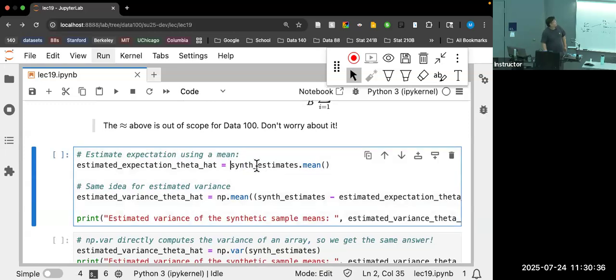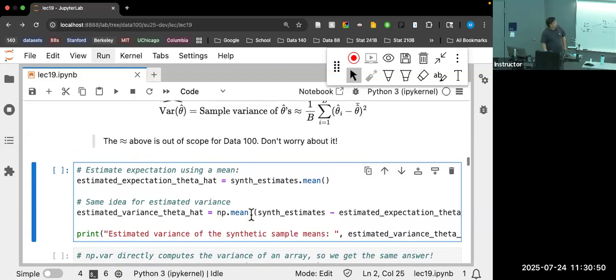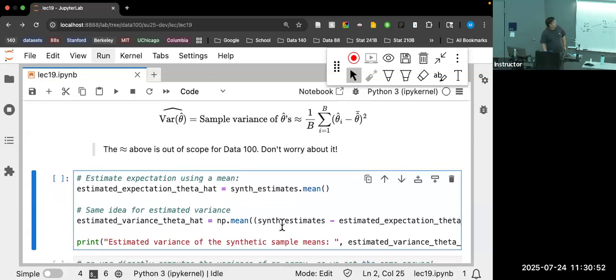So the synth estimates contains those 10,000 x bars. To estimate the expectation, I can take the mean of it. And to estimate the variance, I can plug it into the variance formula. That is simply the values in this synth estimates, and then you subtract the mean from it, square it, take the average of that.